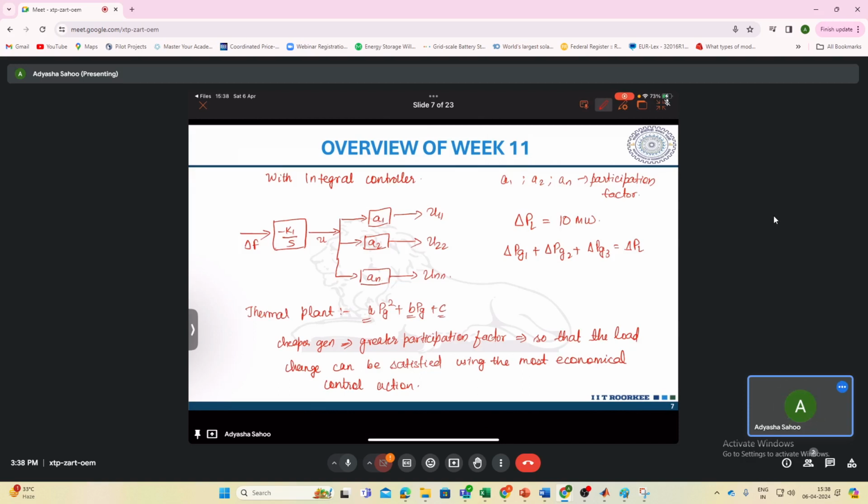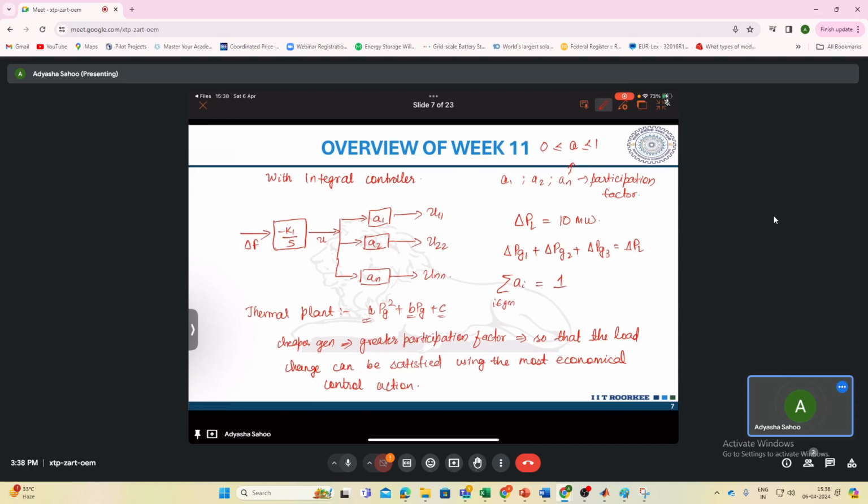And this participation factor A basically will lie between 0 to 1, and the summation of Ai, where i belongs to all your generators, should be equal to 1.